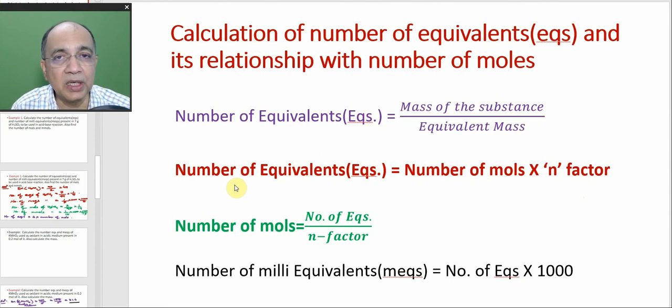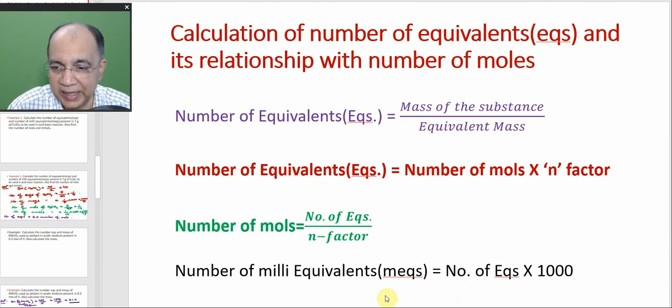Numerically, number of equivalents will be greater than the number of moles if the N factor is not 1. Conversely, number of moles is equal to number of equivalents divided by N factor. Numerically, the number of moles is lower than the number of equivalents if the two are not same. But we will be handling many numericals with a lower unit called milliequivalents, just like millimoles.